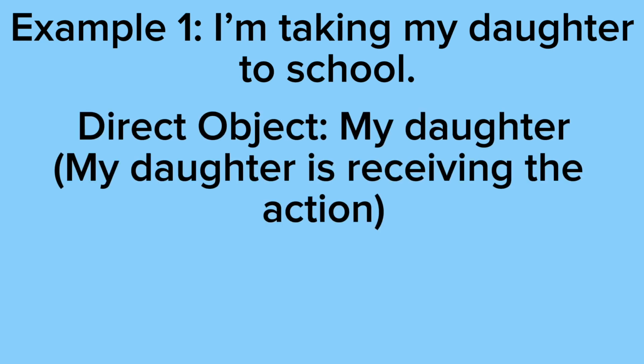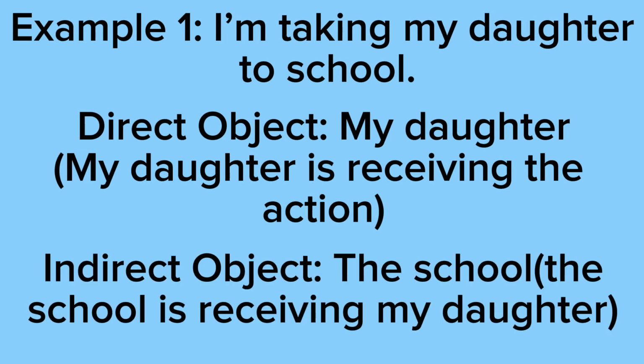So the direct object would be my daughter because she's the one that is being taken to school. As we discussed earlier, the direct object is the person receiving the action, or that the action is done to. So taking is the verb, also the action, and my daughter is being taken to school. So she's the direct object.